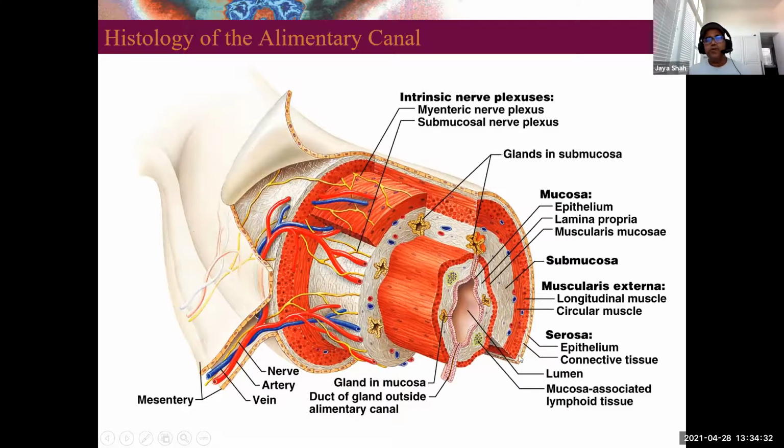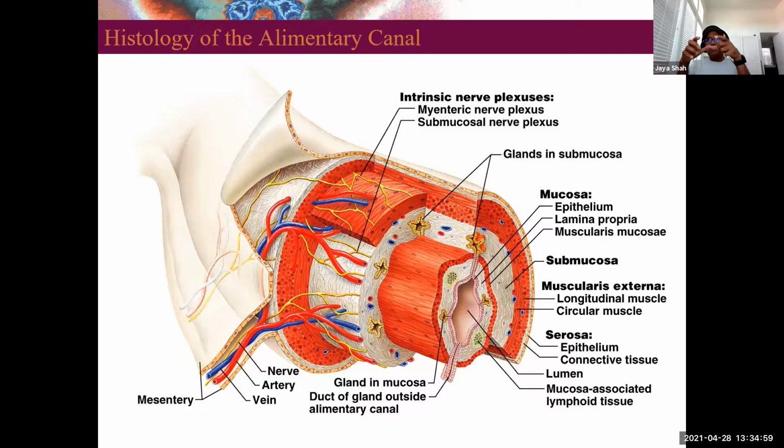After the submucosa, you have muscularis externa. Sometimes you just call it muscularis layer. Muscularis externa has in a small intestine two layers: longitudinal muscle outside and circular muscle inside. If longitudinal muscle contracts, what happens? You reduce the length of the GI tract.